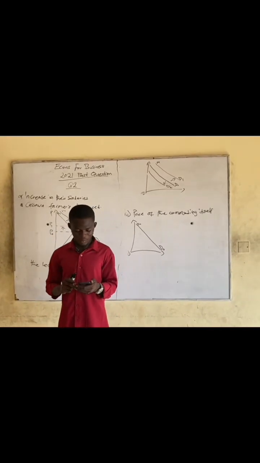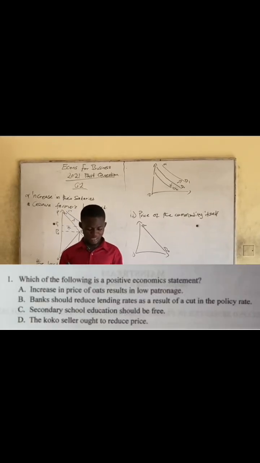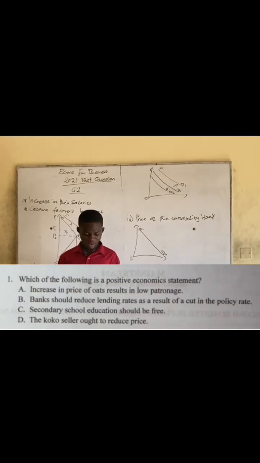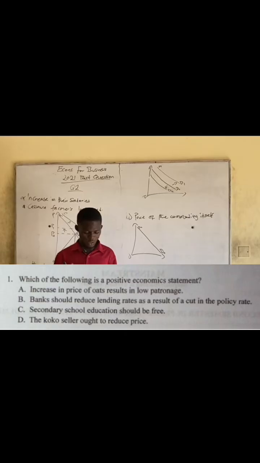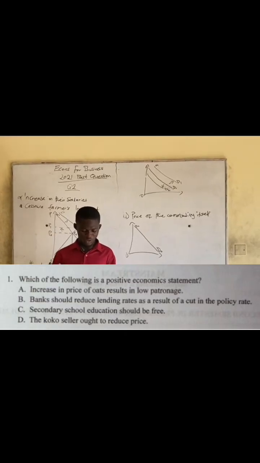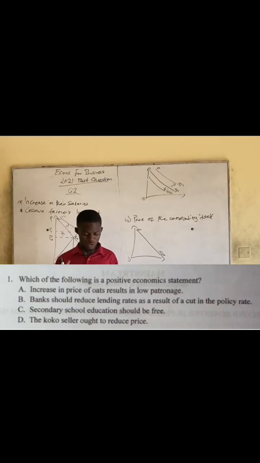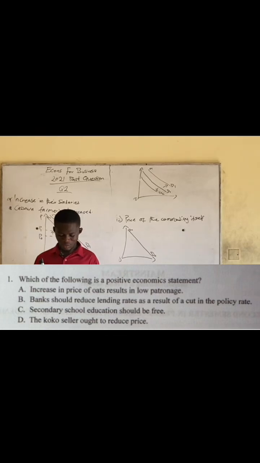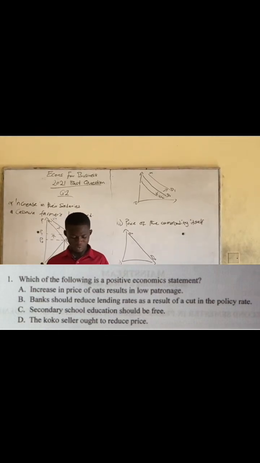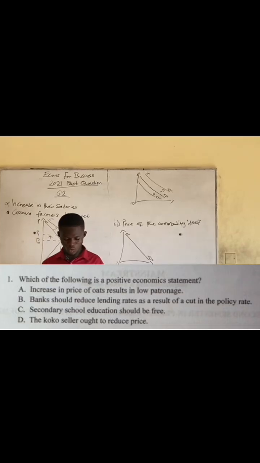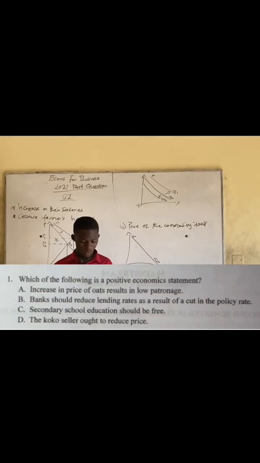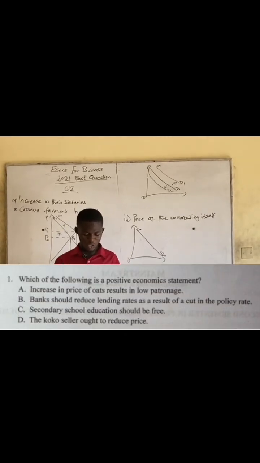So question number 1, which of the following is a positive economic statement? A says that increase in price of oats results in low patronage. B, banks should reduce lending rates as a result of a cut in the policy rate. C, secondary school education should be free. D, the cocoa seller ought to reduce price.